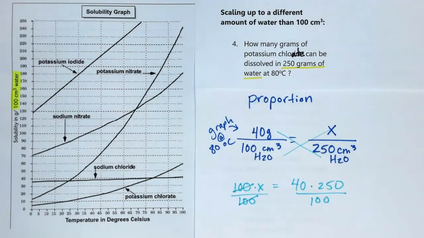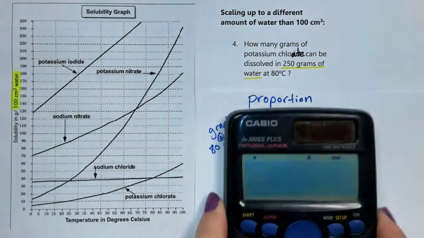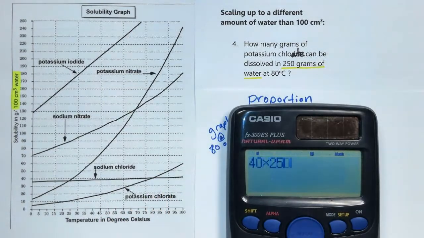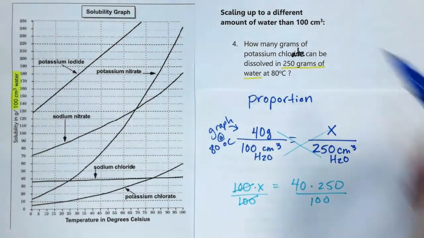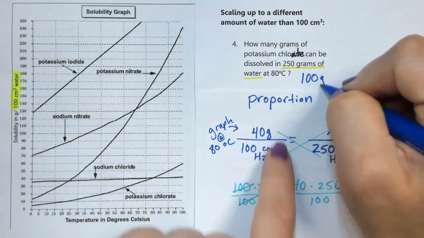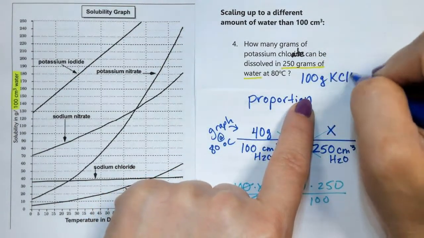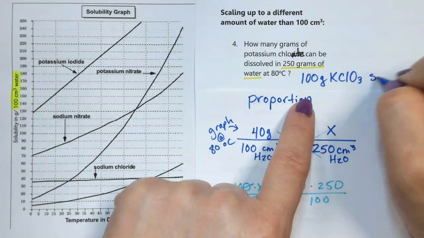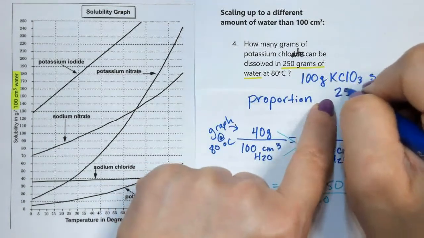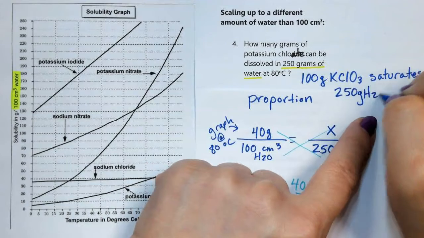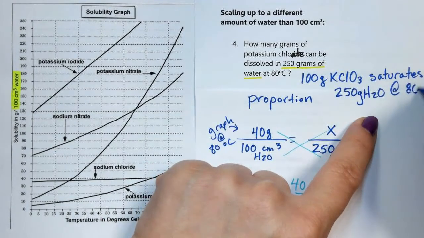So x is going to equal 40 times 250 divided by 100, and we get 100. So this final answer is 100 grams of potassium chlorate will saturate 250 grams of water at 80 degrees Celsius.